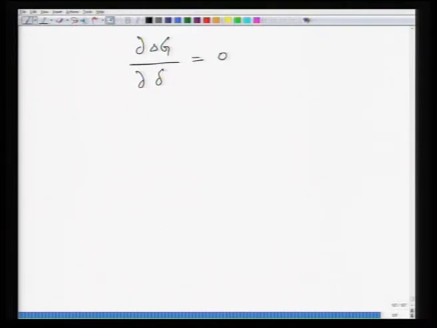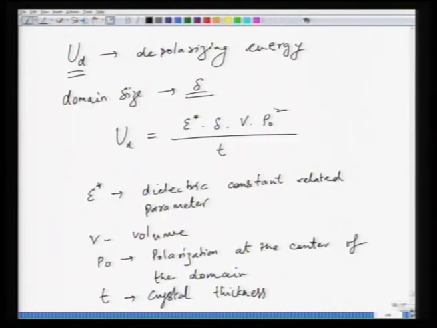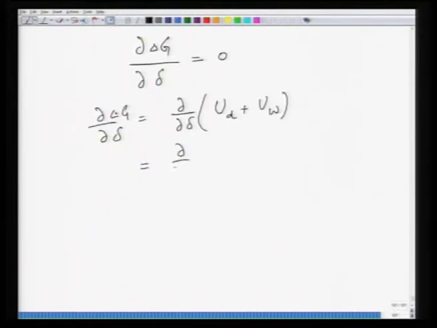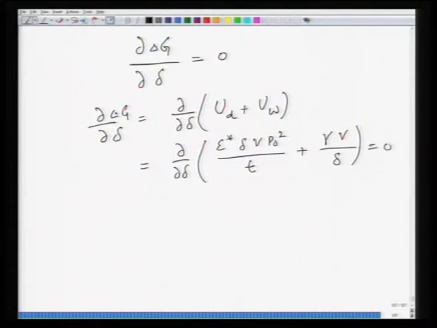So, del of delta G by del of delta is essentially del of UD plus UW. What you have here is epsilon star delta V P naught square divided by T plus gamma V divided by delta, and this is equal to 0.